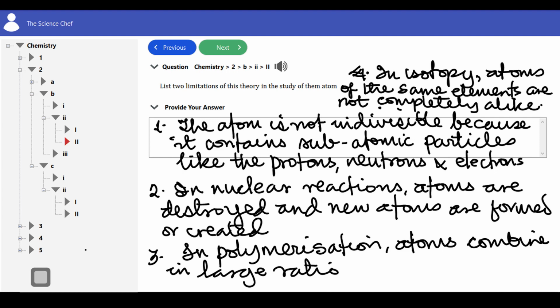Alright, so these are some of the limitations of Dalton's atomic theory, right? And despite these limitations, because he was the one that first made an attempt to describe what an atom is, or what an atom should be, his work is still respected as the foundation for the study of the structure of an atom. Alright, let's move on to the next question.